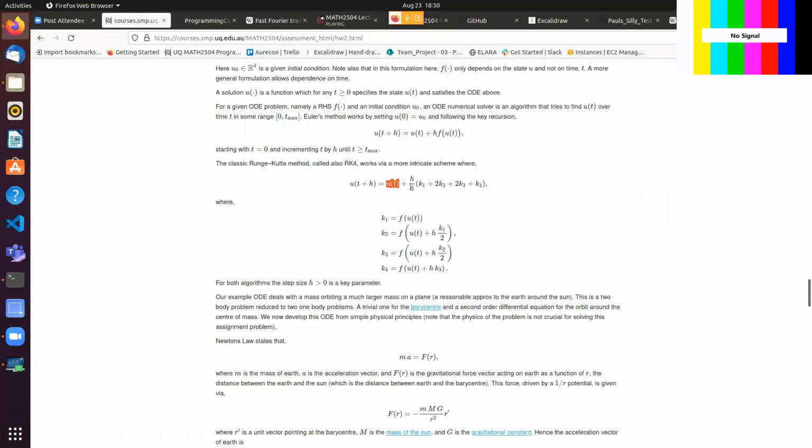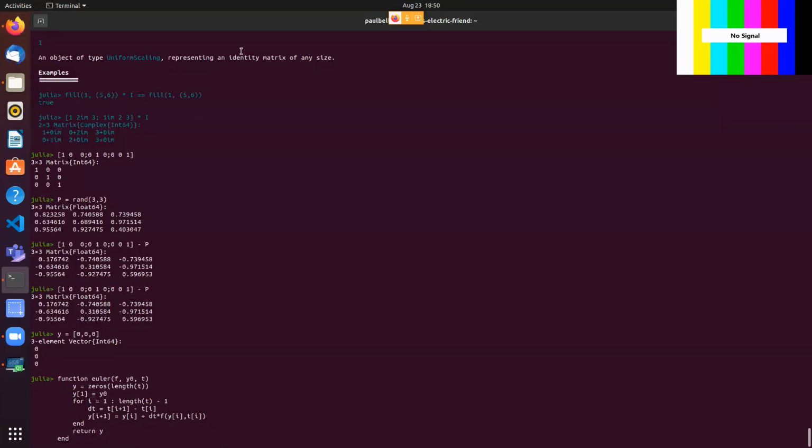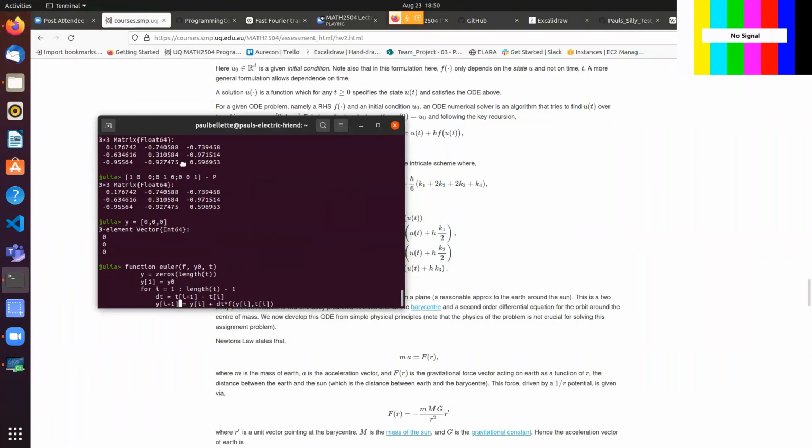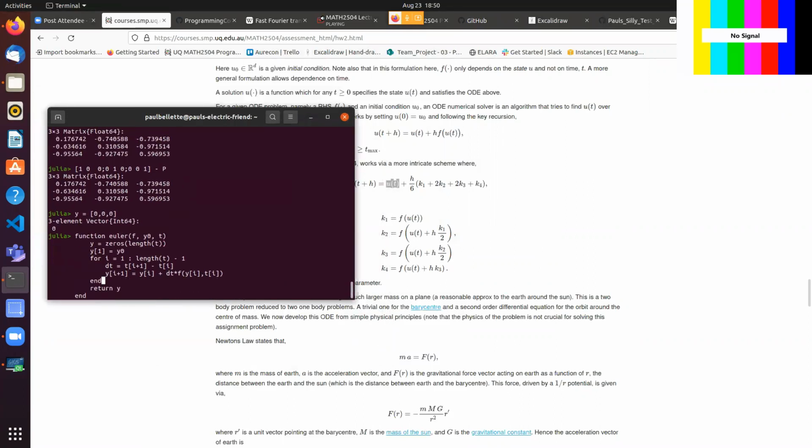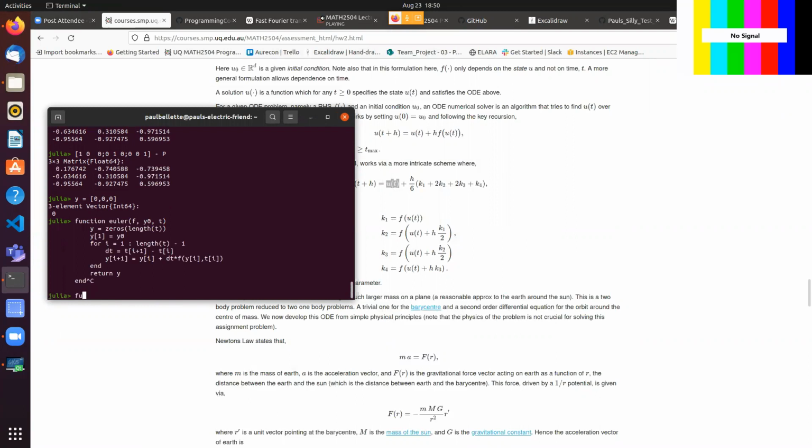So h on 6, so h is the t in my example. There's a bunch of factors you want to take a weighted average of. So the first one's easy. Let's see if we can get them on the same page. Okay, so function RK4, we have the same y0 t.